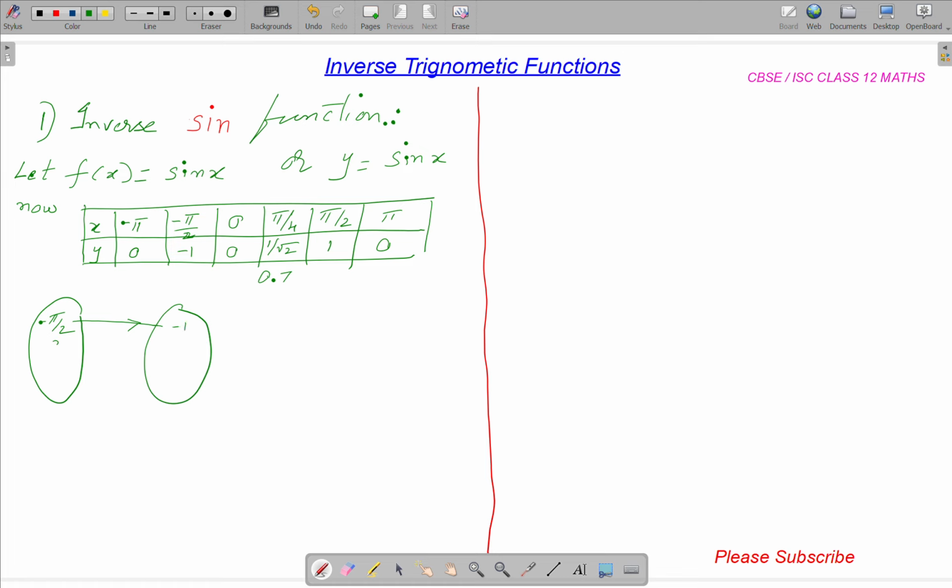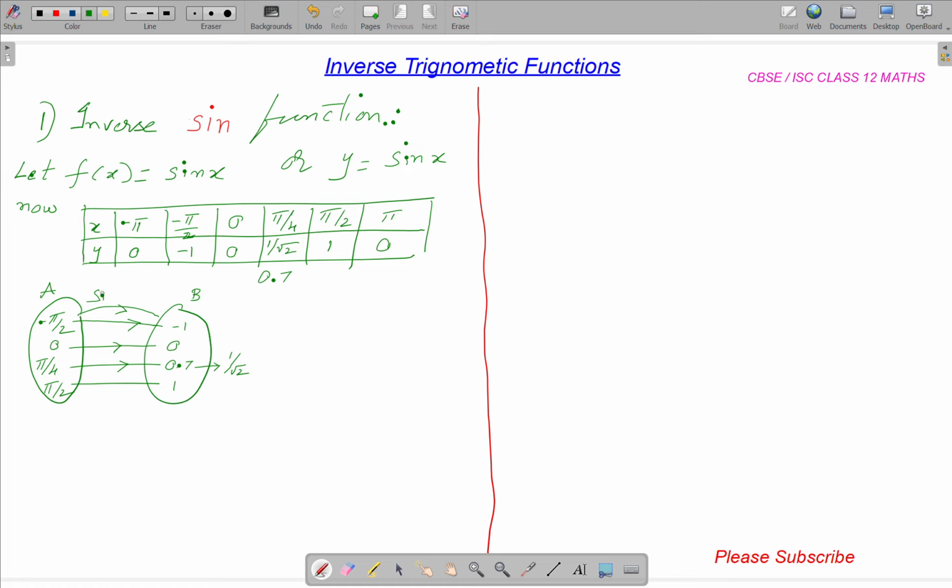When x is equal to 0, the value is 0. When x is equal to pi by 4, the value is 0.7, that is 1 by root 2. When x value is pi by 2, then y value is 1. So this is a mapping from A to B.